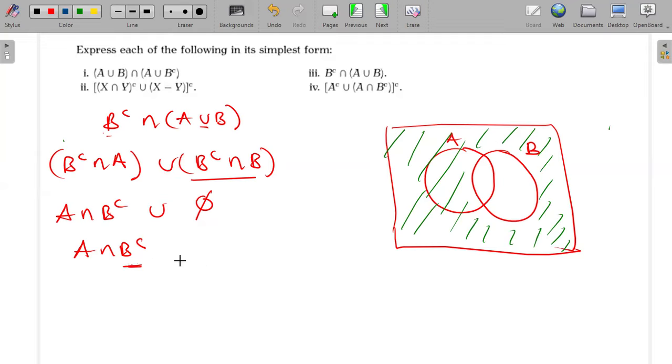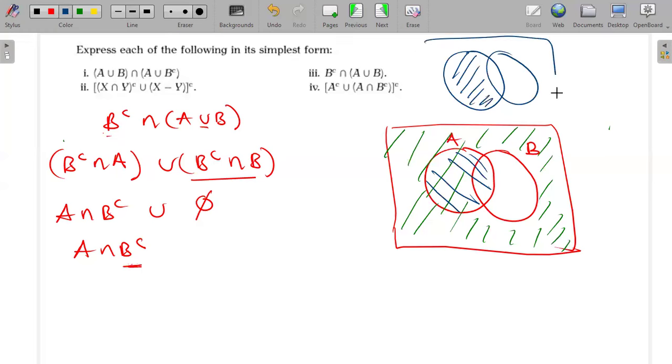And then intersect A. The set A is this one here. So where do they intersect? They intersect at this part. So if you were to shade your A intersect B complement, you have this part here in your Venn diagram, where A is there, B is there, and that's the universal set. It would look like that if you are to shade it. But then can we simplify this any further? No, so we just leave it there.